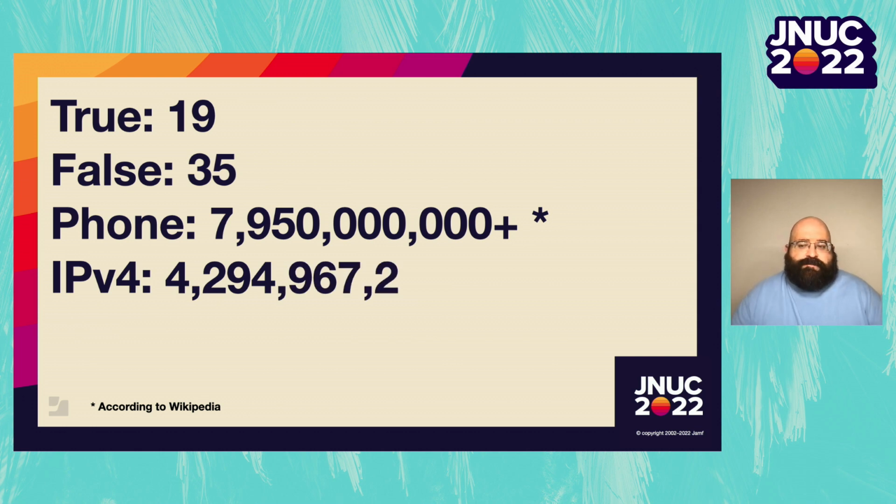Thankfully, there's a maximum to IPv4 addresses. But unfortunately, that maximum is 4,294,967,296 addresses. Which again, if I go to somebody and say, hey, this is a 4 billion line script, they're going to look at me like I'm insane.